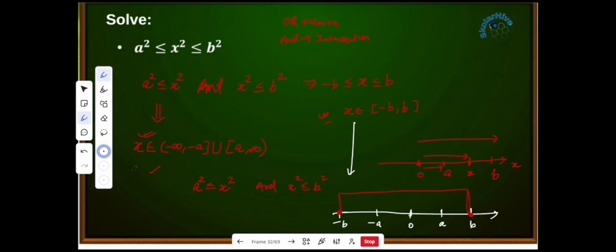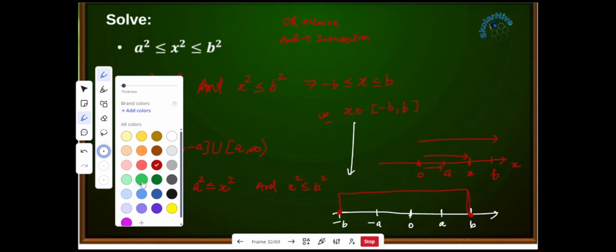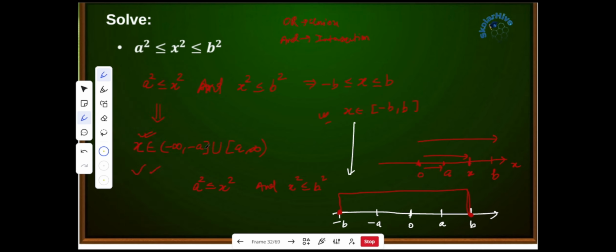But from this one, we are getting the values of x from minus infinity to minus a, and a to plus infinity.